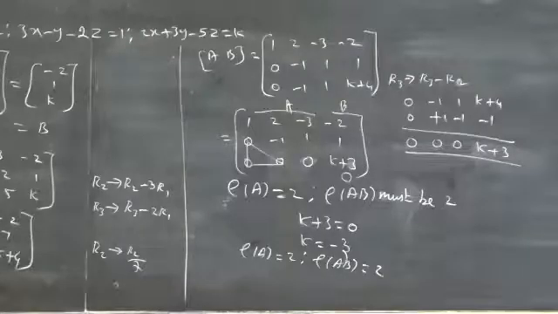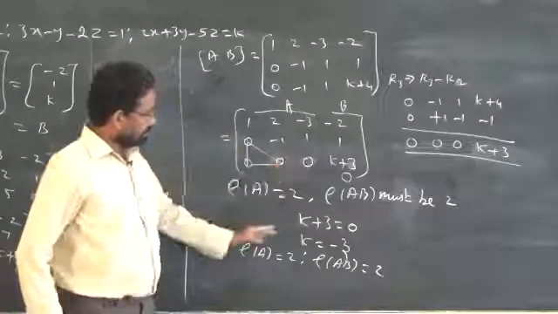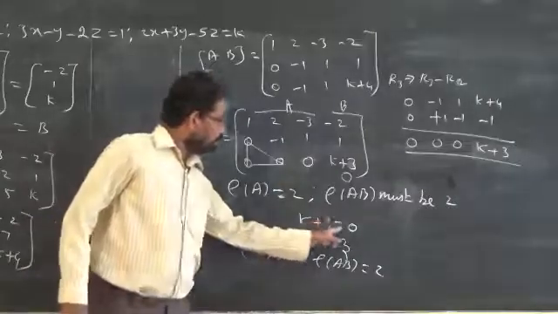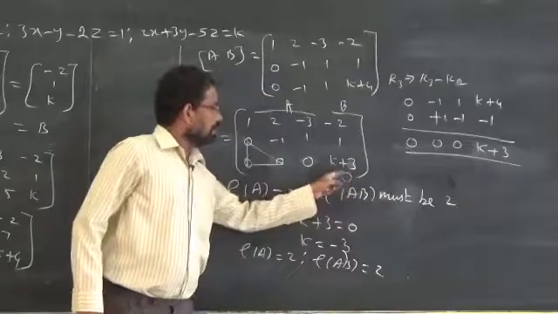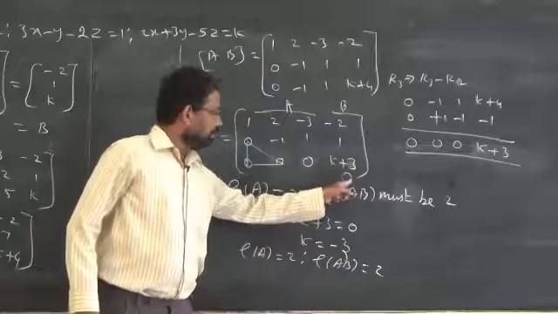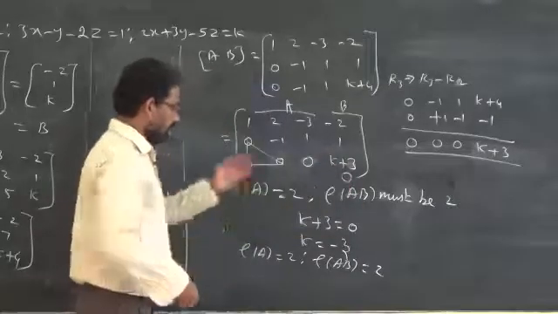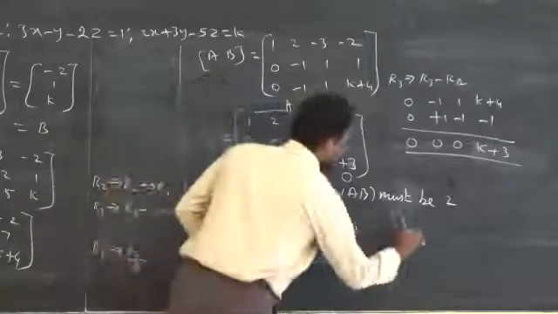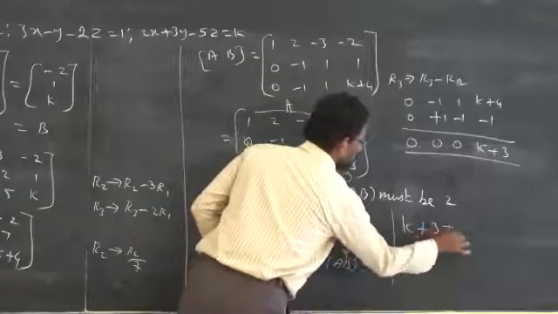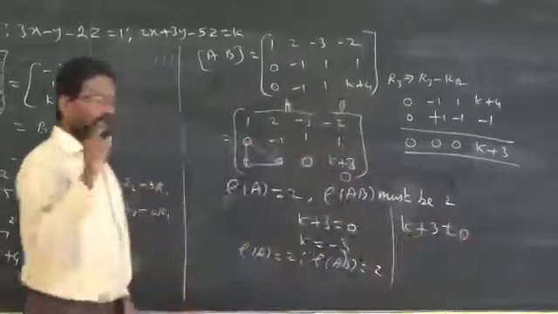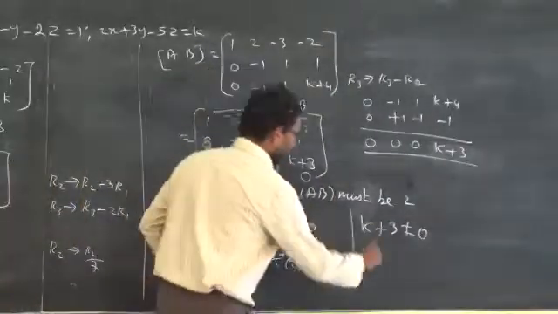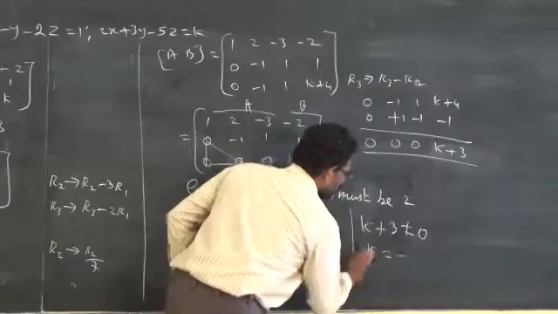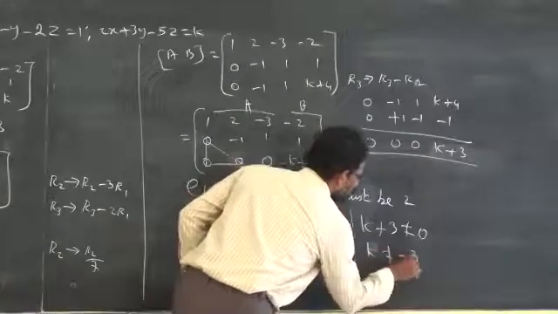If it is given inconsistent, very simple, this will not become 0. When the last element of the third row is not equal to 0, then it is inconsistent. In such a case, you have to write k plus 3 is not equal to 0 for inconsistent, not for consistent. So, for the same equations, if it is given inconsistent, then k is not equal to minus 3.